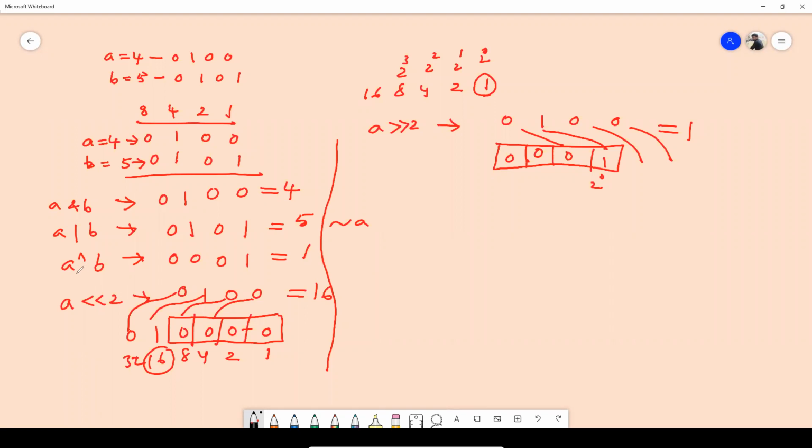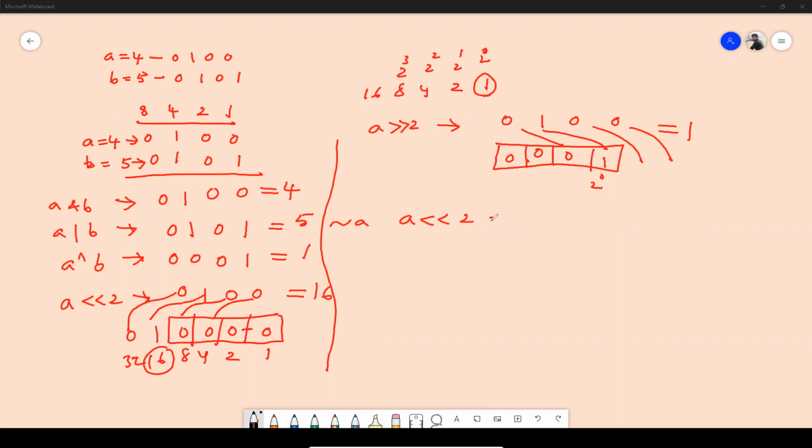A left shift 2: what is the formula for this? 2 to the power of n into A. N means this value. 2 to the power of 2 into A is equal to what? 2 to the power of 2 is 4. 4 into 4 is equal to 16. Right, A left shift 2 became 16.